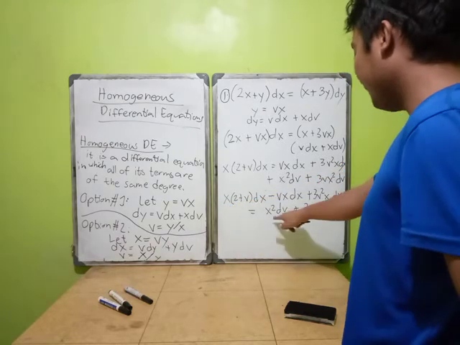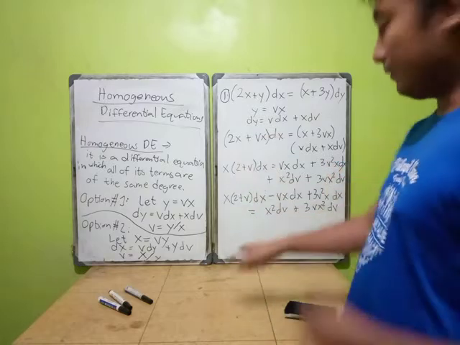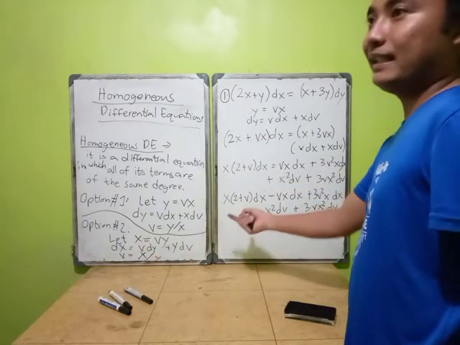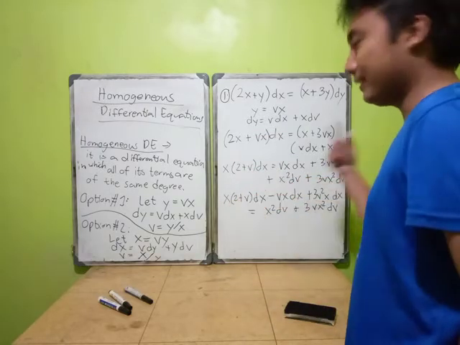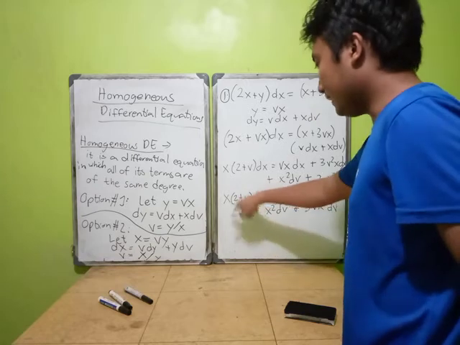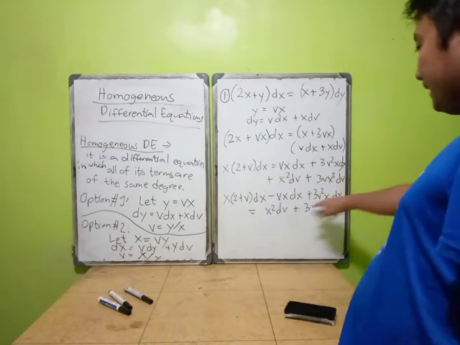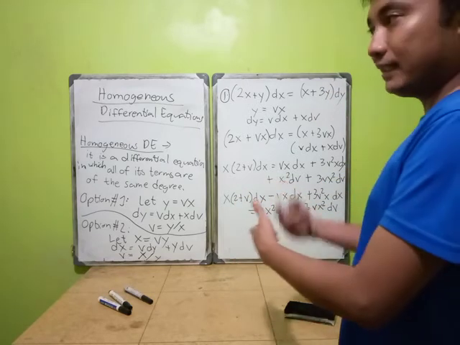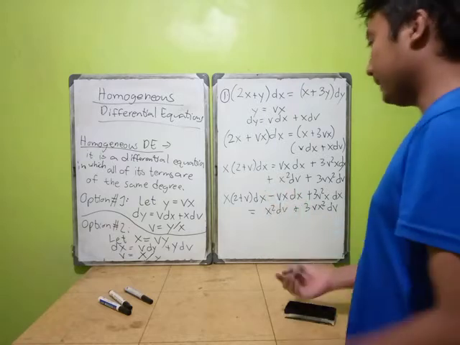So, pwede nating i-lower down, tanggalin natin ng x sa kada term. Okay, lahat ng terms na nakikita nyo is may x to the power of 1 na pwedeng i-factor out.